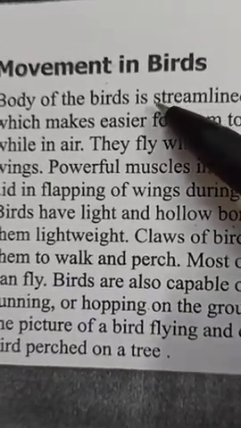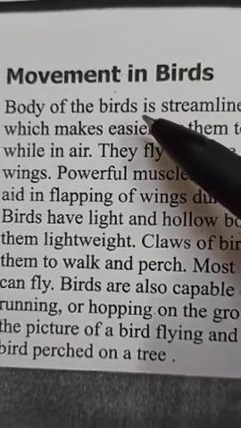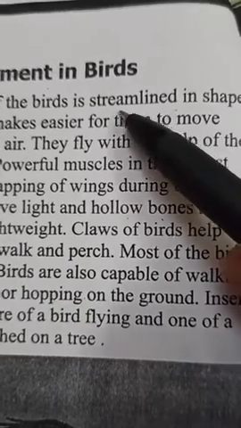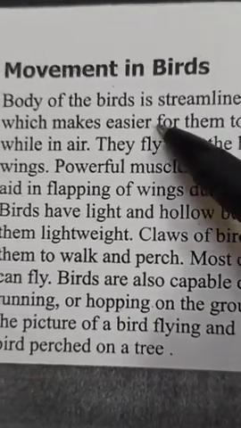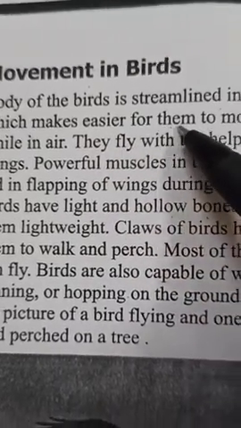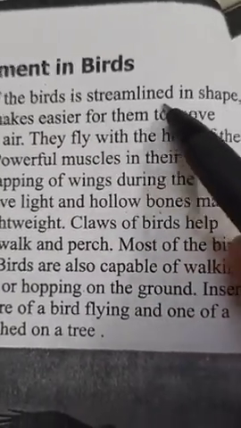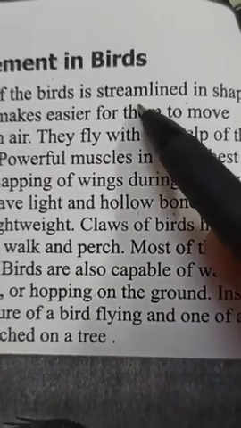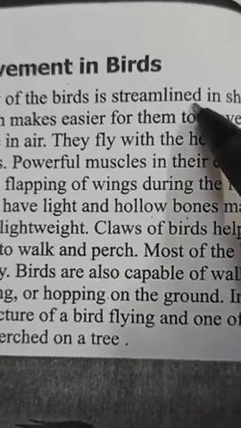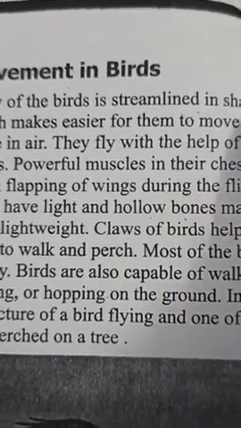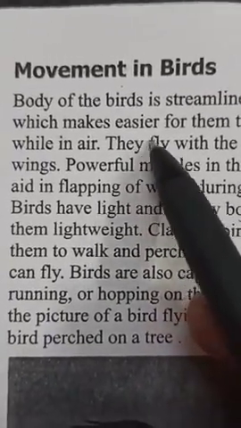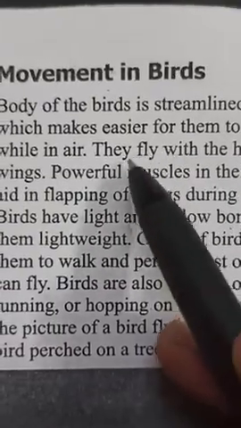So in the air, when birds move or birds fly, at that time this body shape, which is called streamlined, helps the birds to move easier, because a streamlined body can cancel the effect of air pressure, or we can say reduce the friction of air. Okay, so that's why birds can easily move in the air.